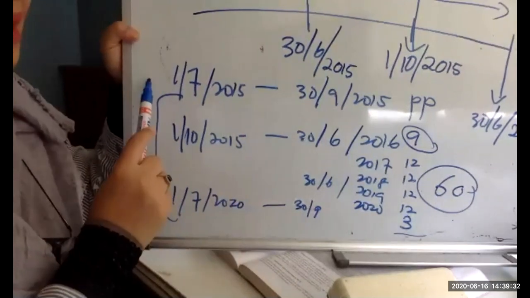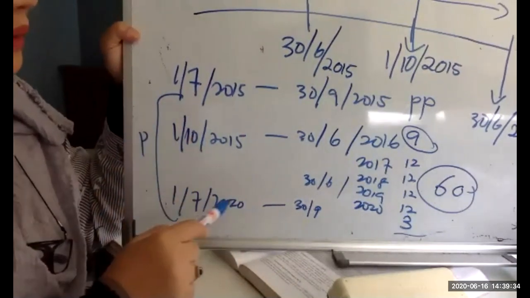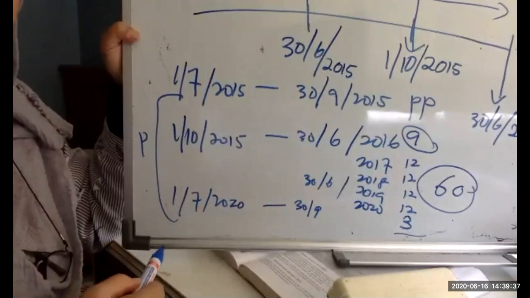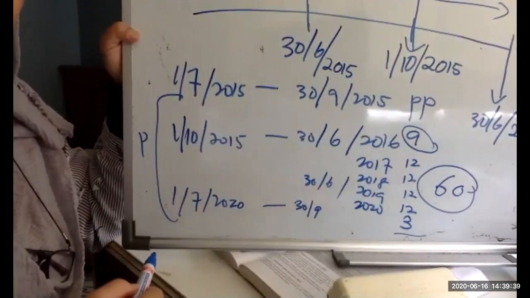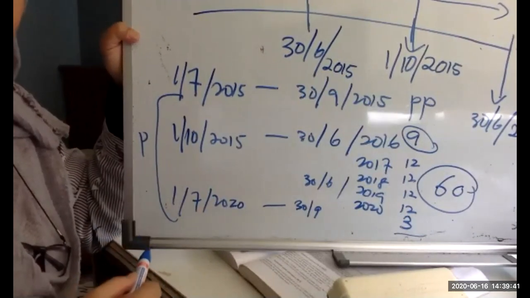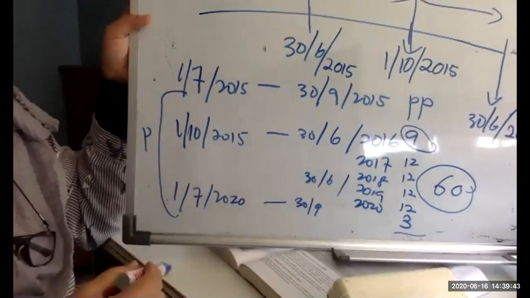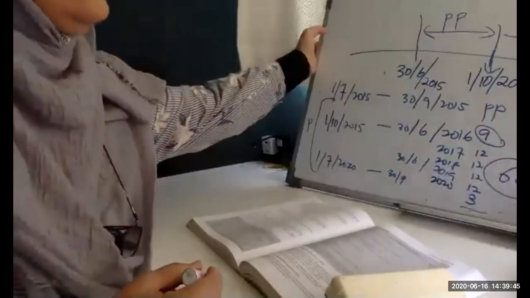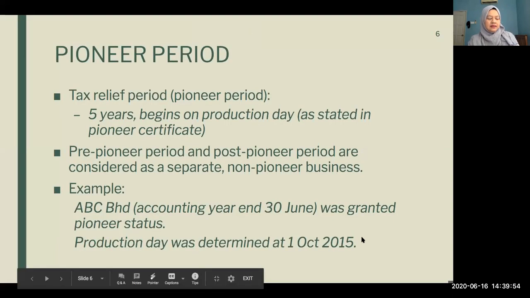You will have your pre-pioneer period, then the pioneer period, and then another 9 months of post-pioneer period. Do you get that? If you look at the slide, it shows you, but it doesn't have the graphical part.